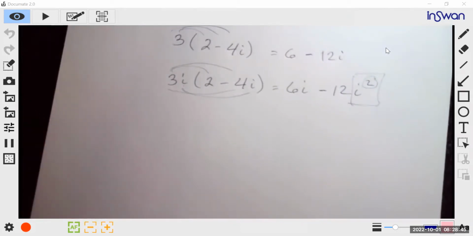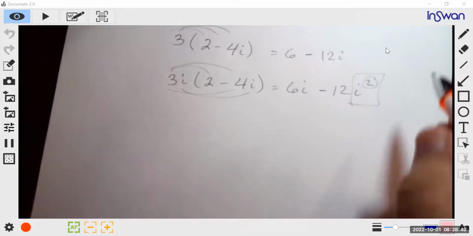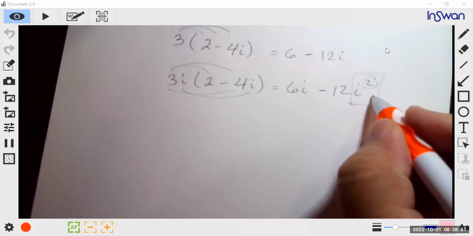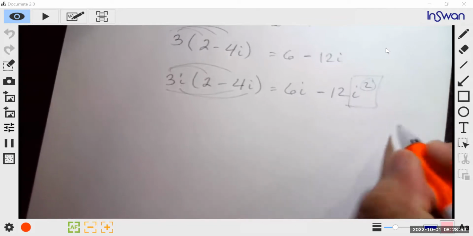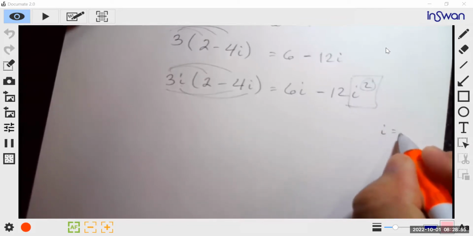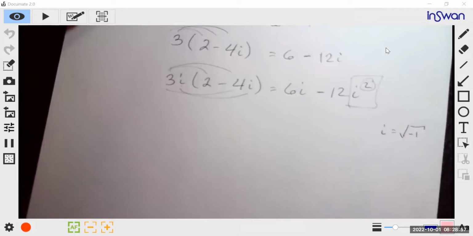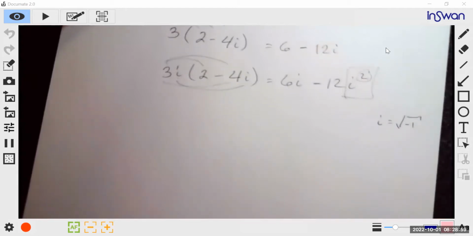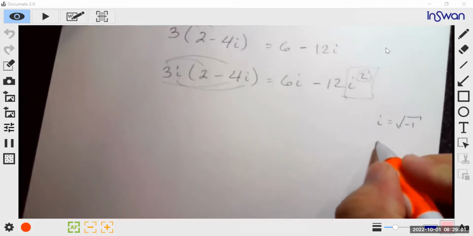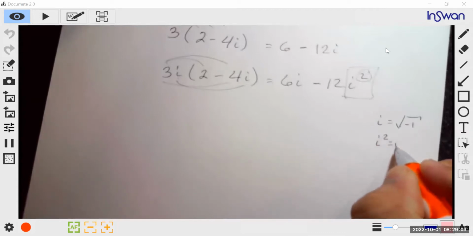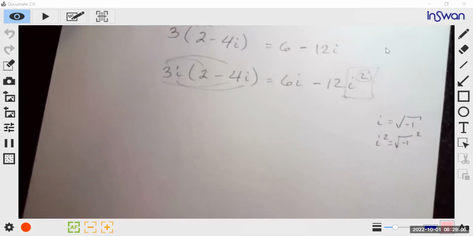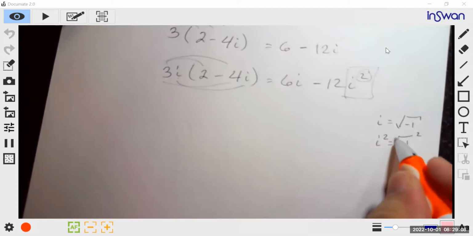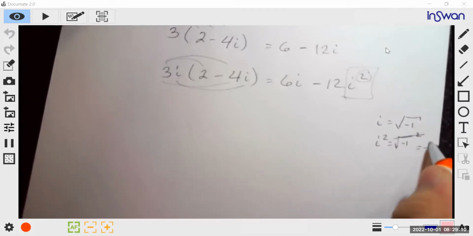I'm gonna give you the shortcut first, and then we're gonna prove what it is. Whenever you have an I squared, remember, we know that I is the same thing as square root of -1. If you square both sides, the square root and the square cancel, so you get -1.